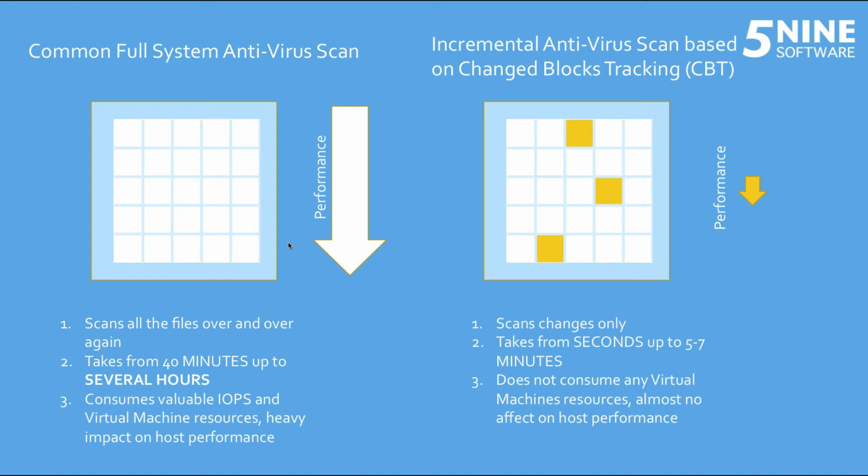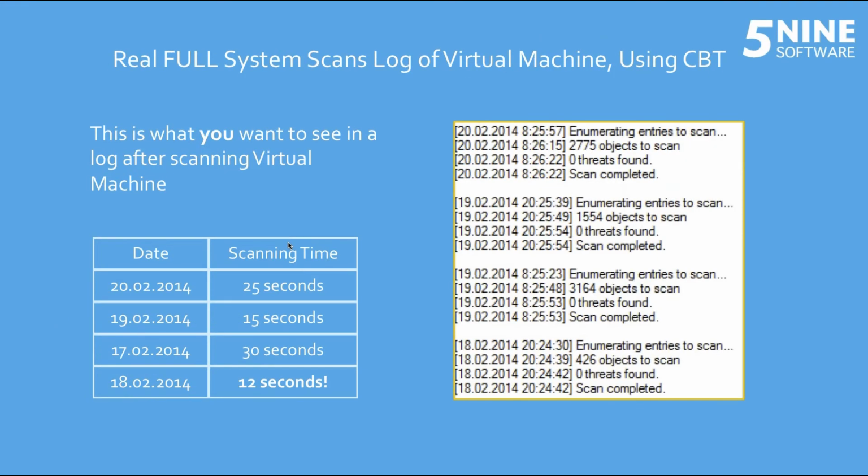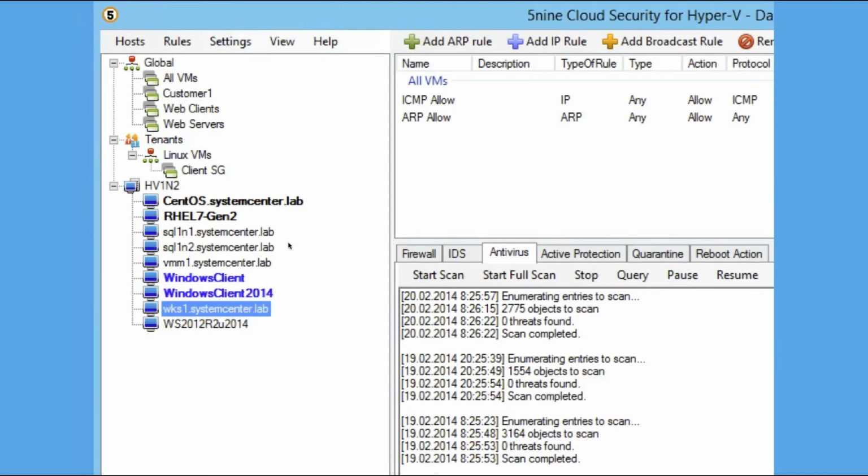So if we look at some log files here, you can see the scanning times. So this is what you want to see after your first full scan. The incremental scans just take a handful of seconds here. And on the right-hand side, you see the logs, the number of objects that were scanned, the number of blocks that were scanned there, and then this is where you would see it inside the interface.